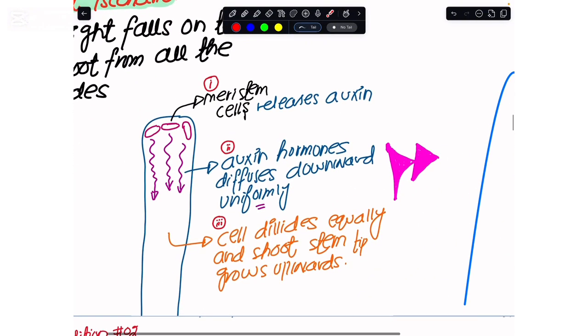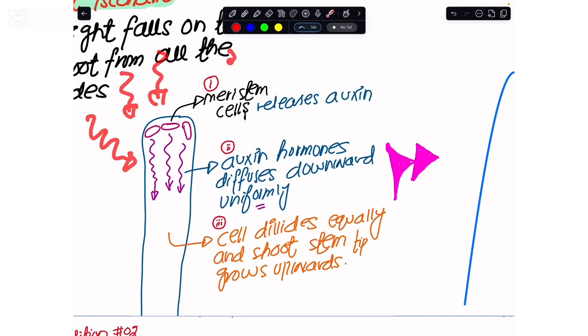Here I have this shoot tip, and in the shoot tip we have meristem cells, and we know that these meristem cells release the auxin hormone. If these light rays are falling on the shoot tips from all sides, then these meristem cells release the auxin, and that auxin diffuses downward uniformly.